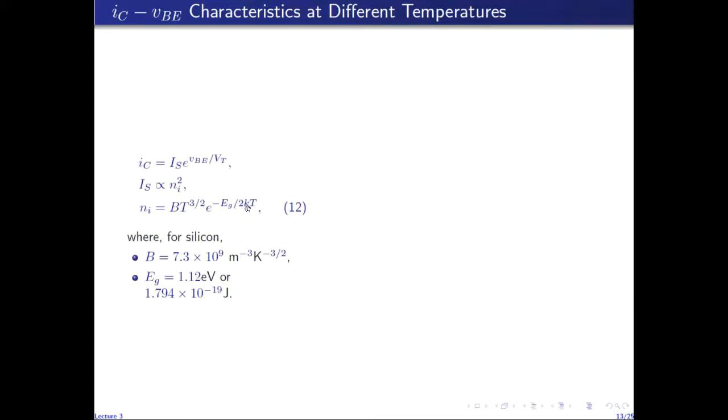T is the temperature, K is the Boltzmann constant, and Eg is the band gap energy, which for silicon is about 1.12 electron volts. Or you can represent it in terms of joules by realizing that 1 electron volt is equal to 1.602 into 10 raised to the power minus 19 joules. Since Ni is a strong function of temperature, it makes IS a very strong function of temperature. So IC is dependent on temperature through VT and IS.